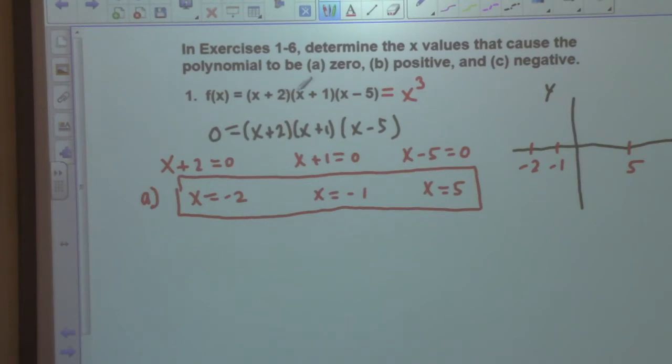We multiply 2 times 1 times -5, we get -10. So now we have the leading term, and we have a y-intercept down here of -10, which could help us. Okay? So what do we know about x cubed functions? Where do they start and where do they end?